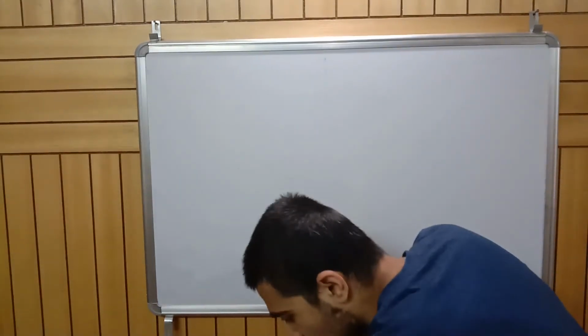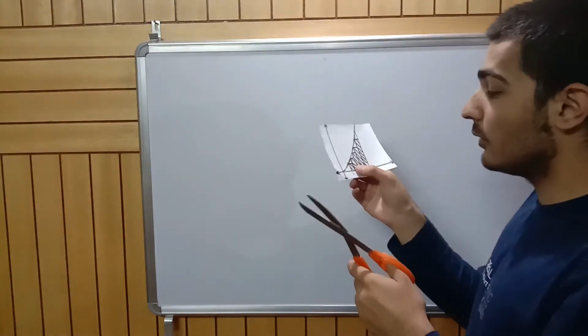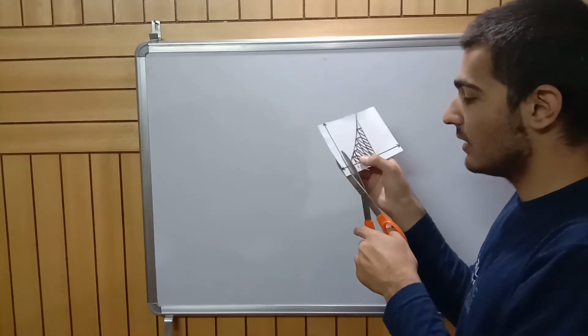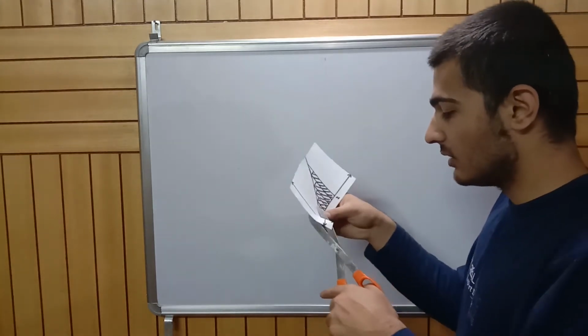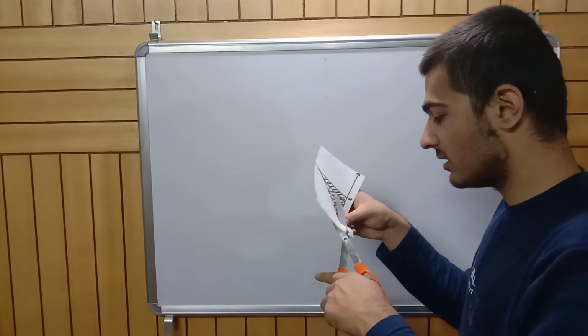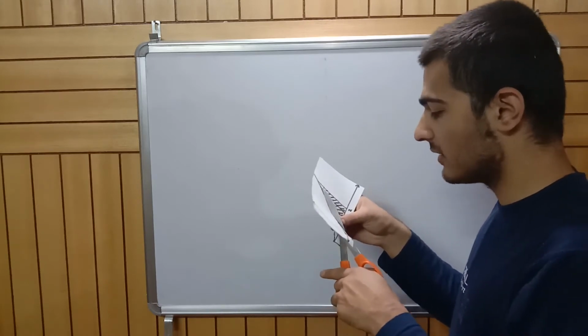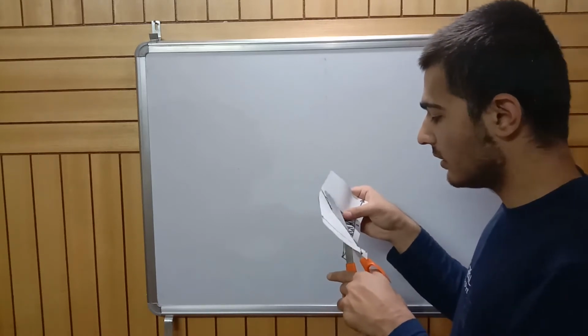So here I take my scissor. First of all, as I did in the last video, I'll cut out the shape that I want, the original figure whose area we are finding.